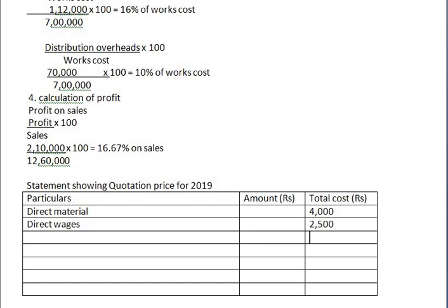Okay, now make a total. Total is 6,500. So this total is called as what? Prime cost.